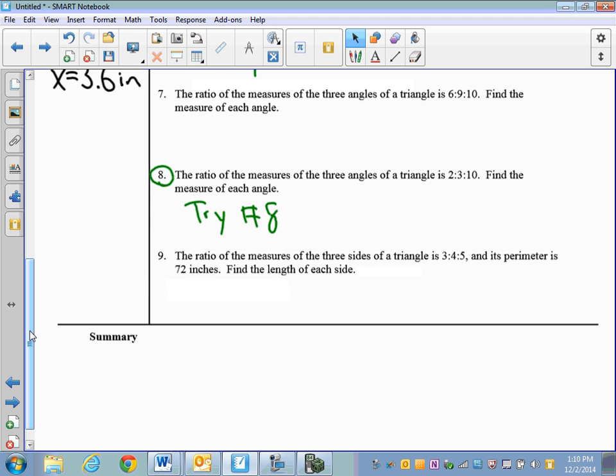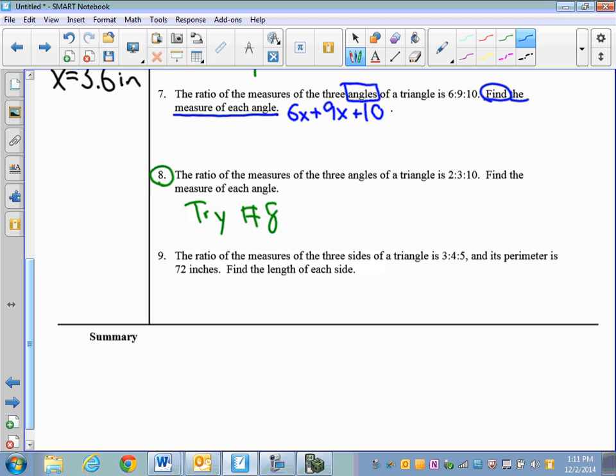Number 7 says the ratio of the measures of the 3 angles of a triangle is 6 to 9 to 10. Find the measure of each angle. So what you need to remember is that all 3 angles add up to 180. So here's that word angles. That's very important. So I have 6x plus 9x plus 10x equals 180. So what I'm saying is I'm taking some number, multiplying it by 6.